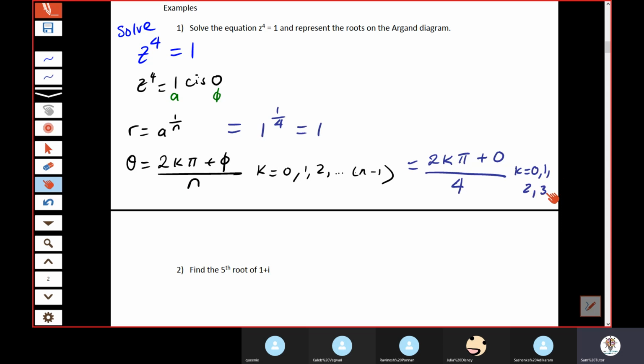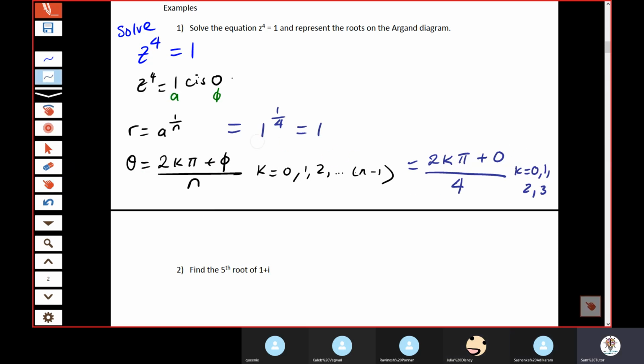How many solutions will you get if I did all these numbers? 4. Isn't that the amount of answers I'm meant to get? Yeah. So if you went to k equals 4 by accident, then you'd have 5 solutions, which is impossible. Makes sense?